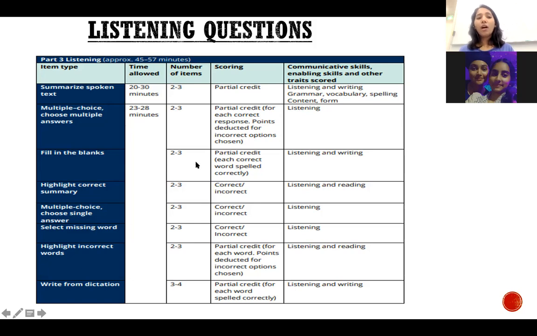The reason your listening questions are divided into two sections is that in section 1 there is time allotted for each question. Summarize Spoken Text has 10 minutes allotted for each question. But in the second section of your listening, where you have the remaining 7 question types, there is no time allotted per question.